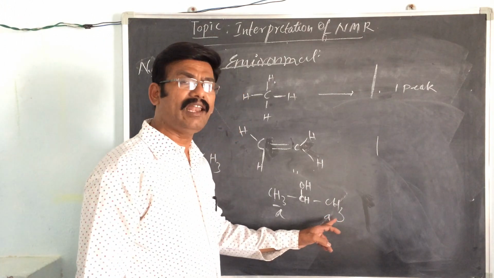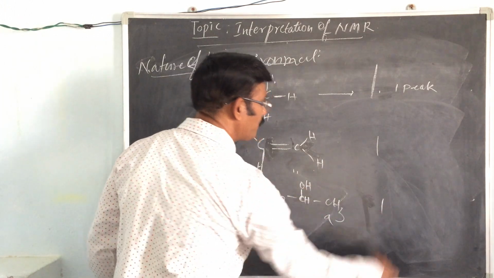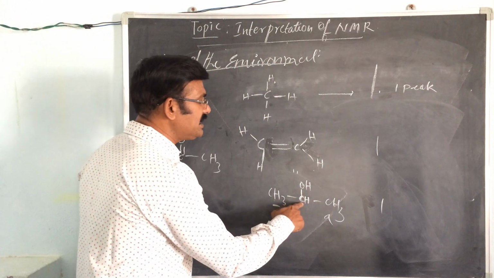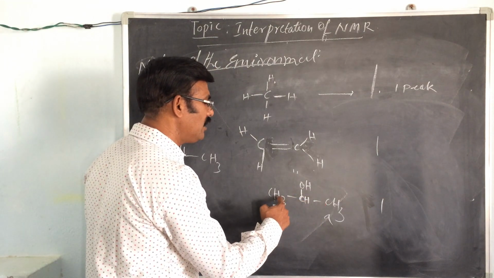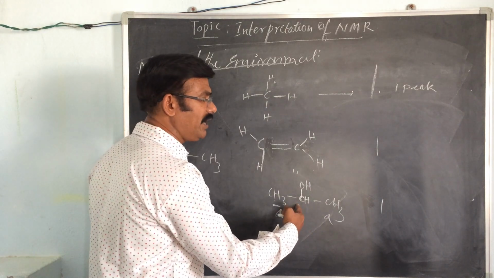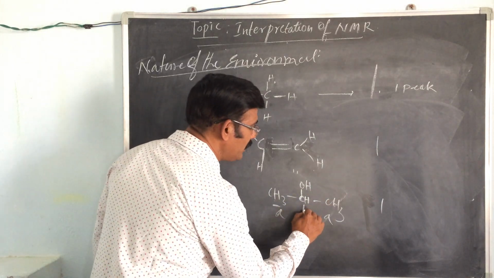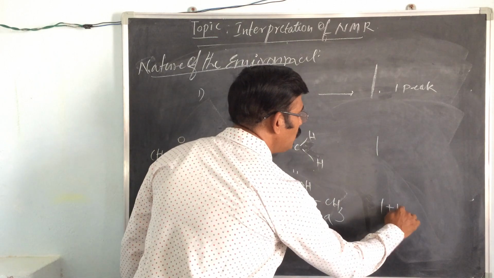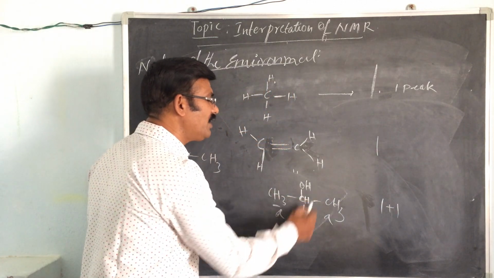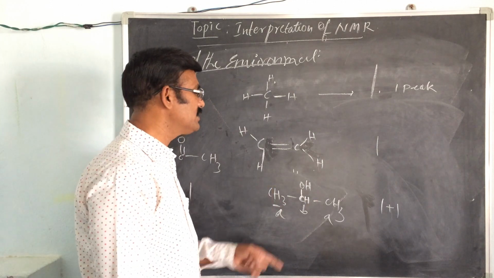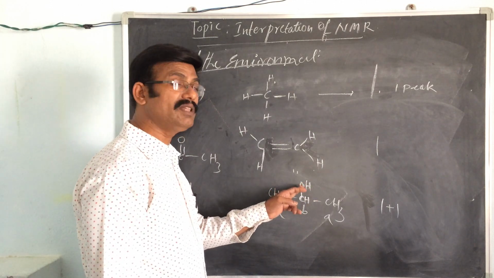These 2 methyl groups give one peak. Okay? And here CH, only one CH. This is attached to this methyl group, and at both sides the methyl groups are there. So here the B means one more peak. And here OH. This is also a different environment. Only OH is there, hydrogen attached with the oxygen.